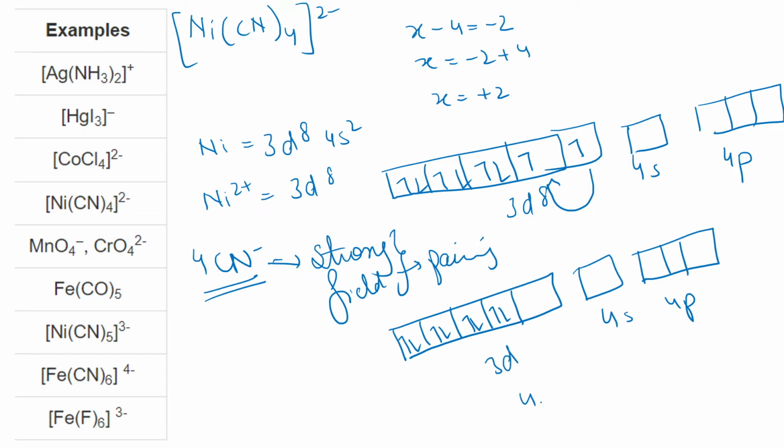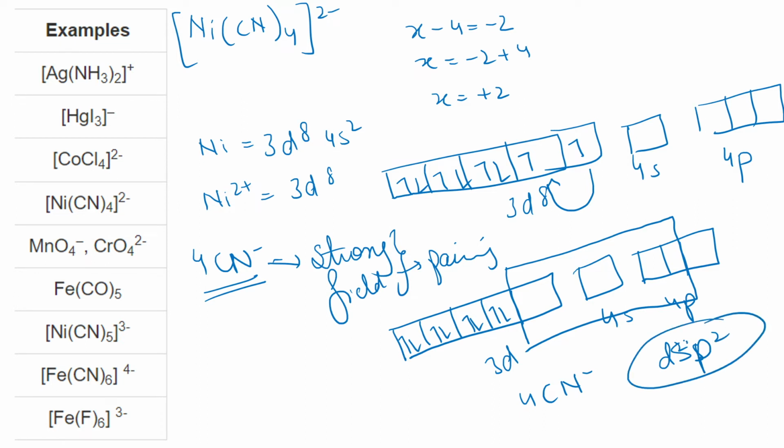So 4 cyanide ions will come and donate their electrons. So the hybridization could be, we need 4 empty orbitals. So this could be the hybridization dsp2. One d orbital is there, dsp2. In case of tetra coordinated complexes, where the inner d orbital is involved, the hybridization is dsp2.